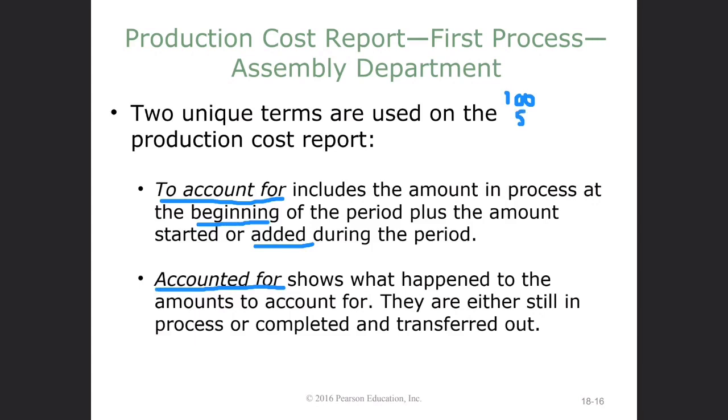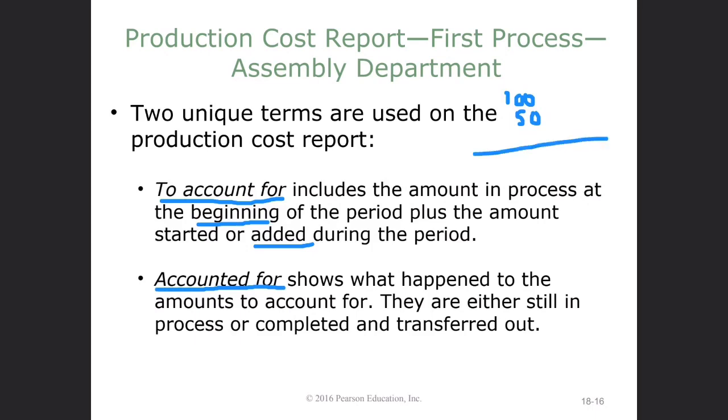So we have 150 to account for. Accounted for shows what happened to the amounts to account for. They are either still in process or completed and transferred out.